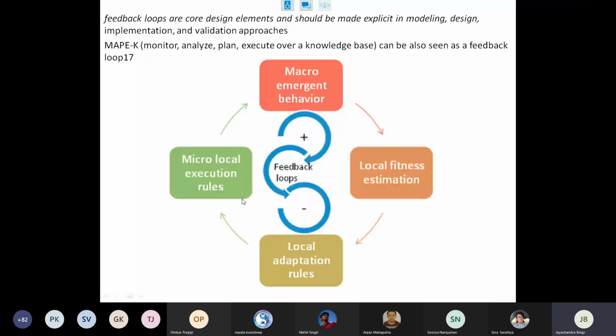Whom are you going to give it to? You are going to give it to this. And this feedback, if these adaptation rules need some change in the subsystem, that feedback should be sent to this part, so that subsystems are organized in a particular fashion.